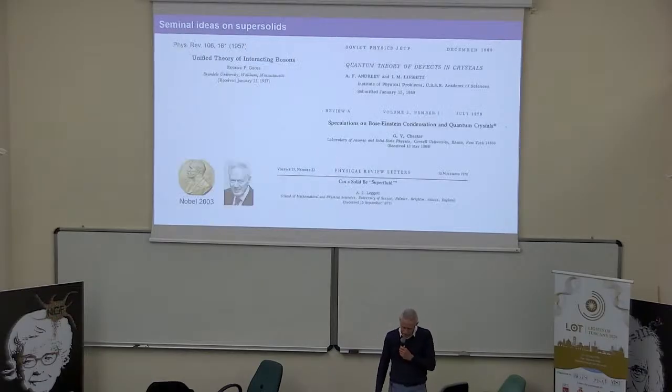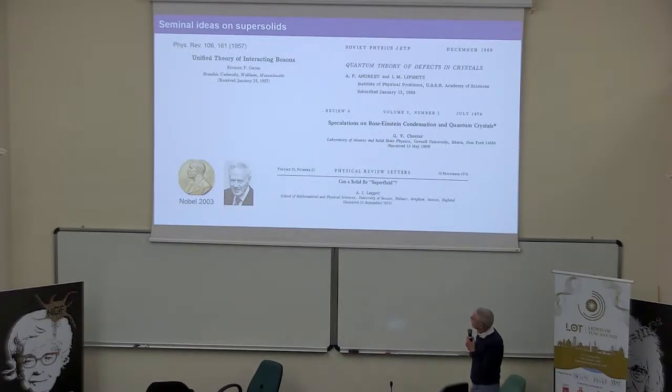And many years ago, there was a bunch of theorists, starting from Eugene Gross, 1957, then around the age, so I was born more or less here, so many years ago, there was this group of theorists studying theoretically the possible properties of this supersolid.